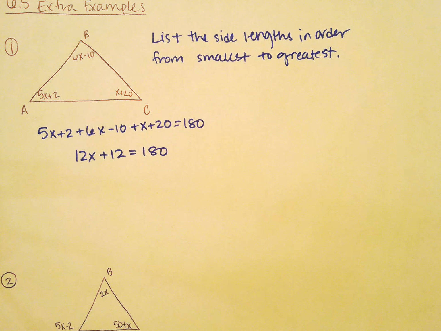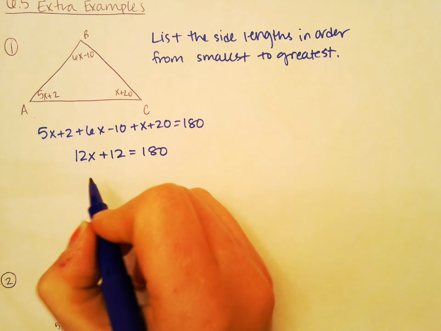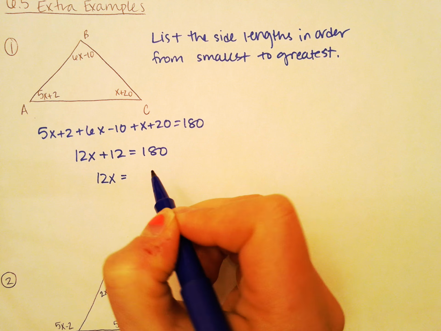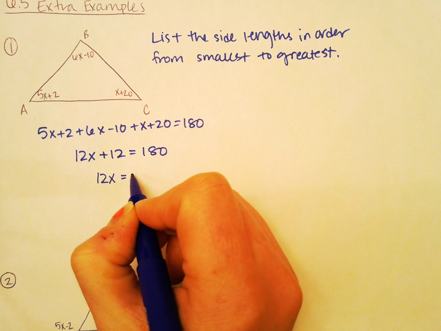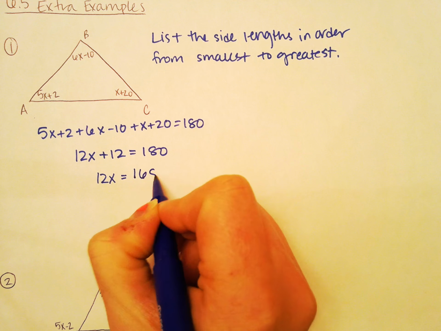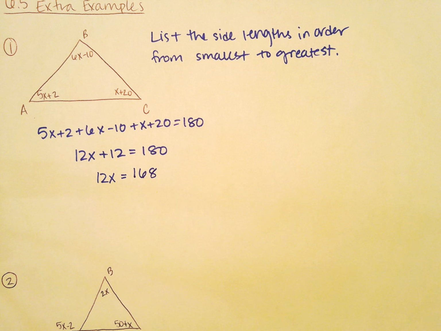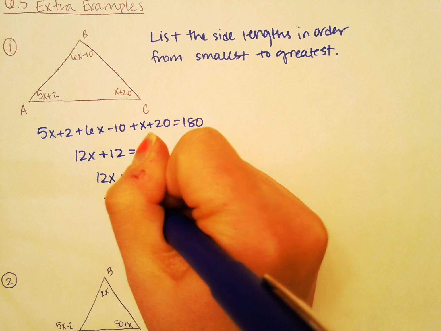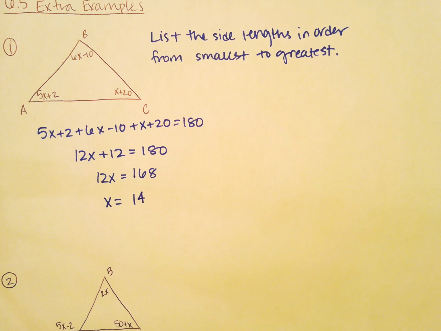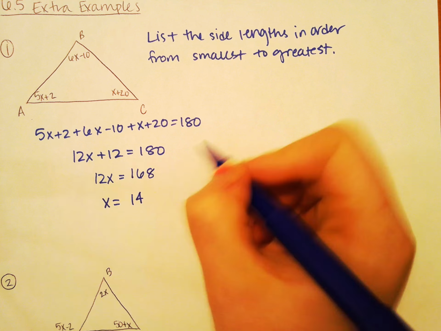Subtract 12 from both sides, and we get 168. Then we can divide by 12, and we should get that x is equal to 14. Now that we have x, we can plug it into our equations.